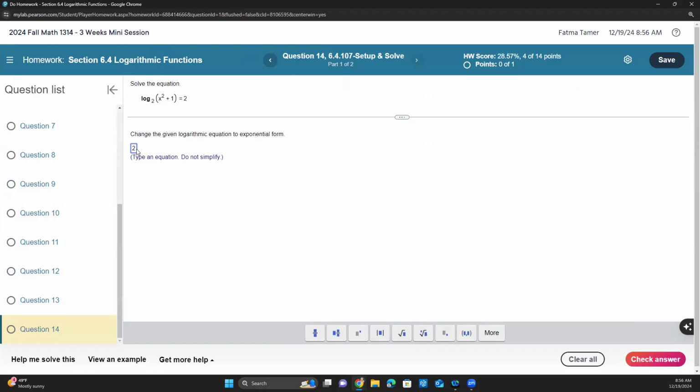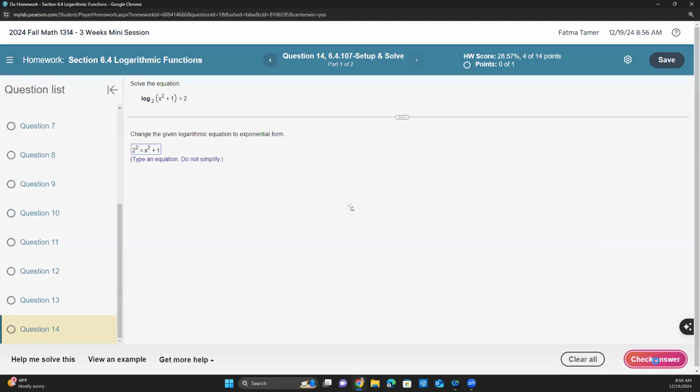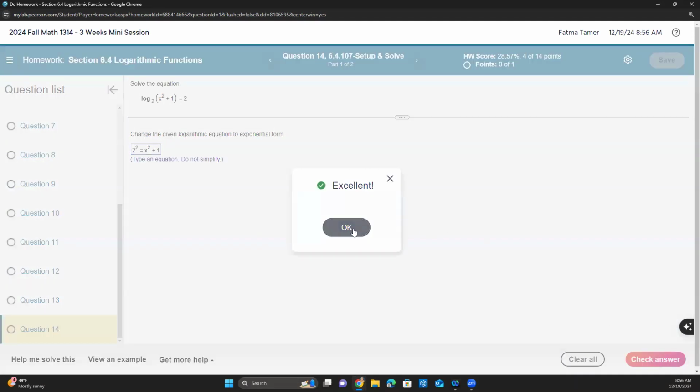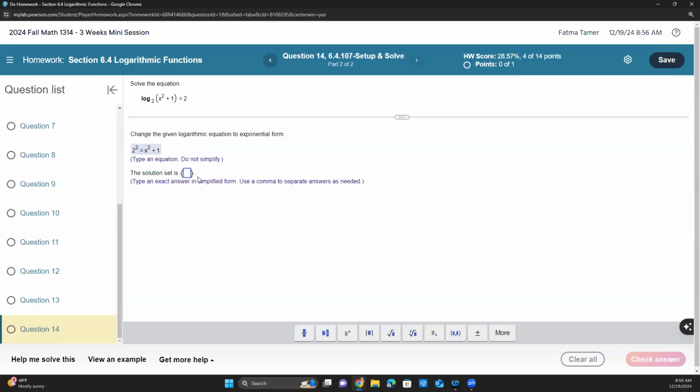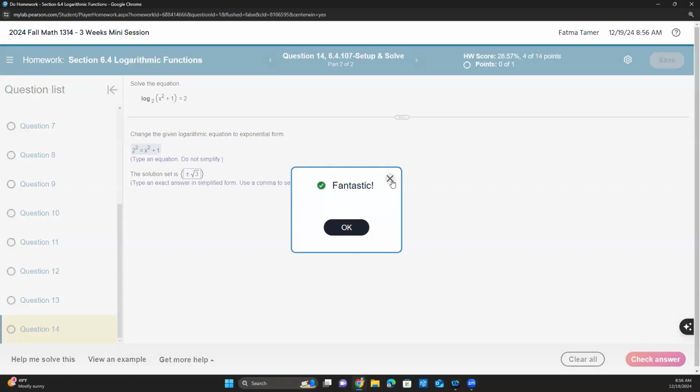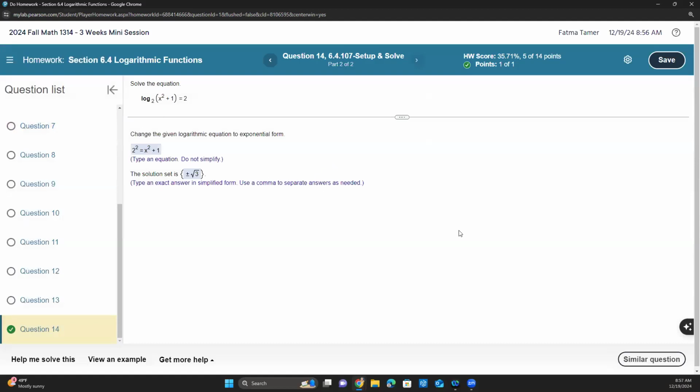So we know that 2 to the power of 2 is equal to x squared plus 1. So I will check my answer so far. And now, once we solve this, 4 is equal to x squared plus 1, and subtract 1 from each side, I am going to get plus and minus radical 3 as the answer. And this is how we do question 14 on section 6.4.